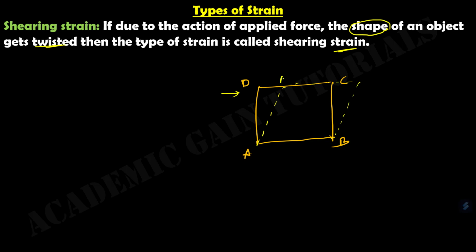So that will be our A prime and that will be our B prime. Due to this applied force F, the shape of this body has been changed, or it gets twisted. Then an angle theta is created here, and this theta is actually causing the change in the shape of this object.